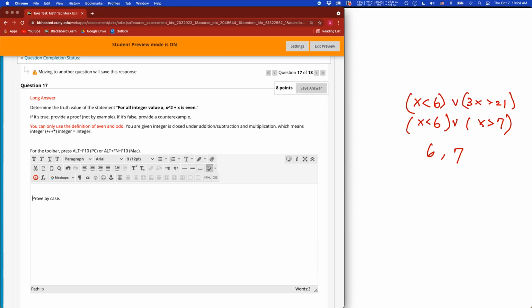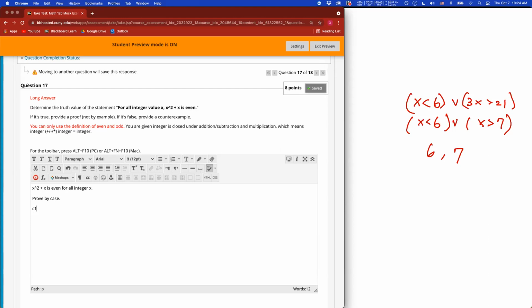All right, so we want to show x squared plus x is even for all integer x.